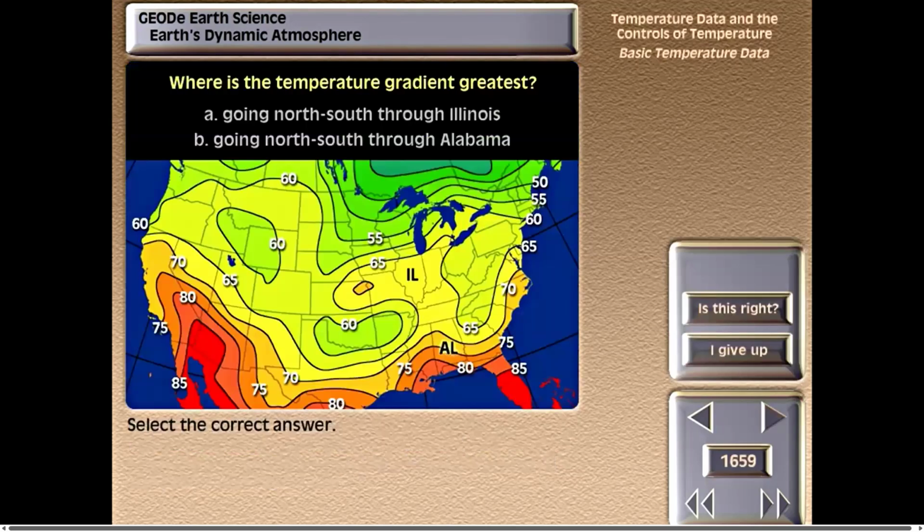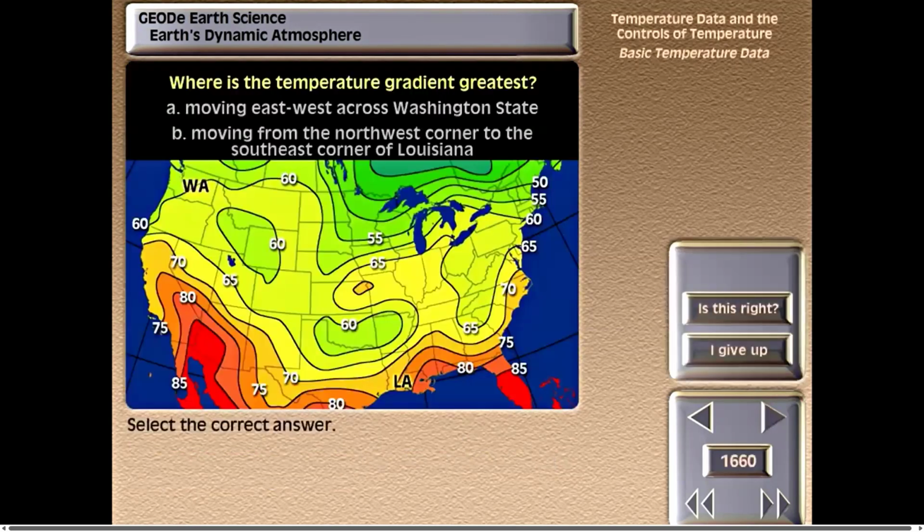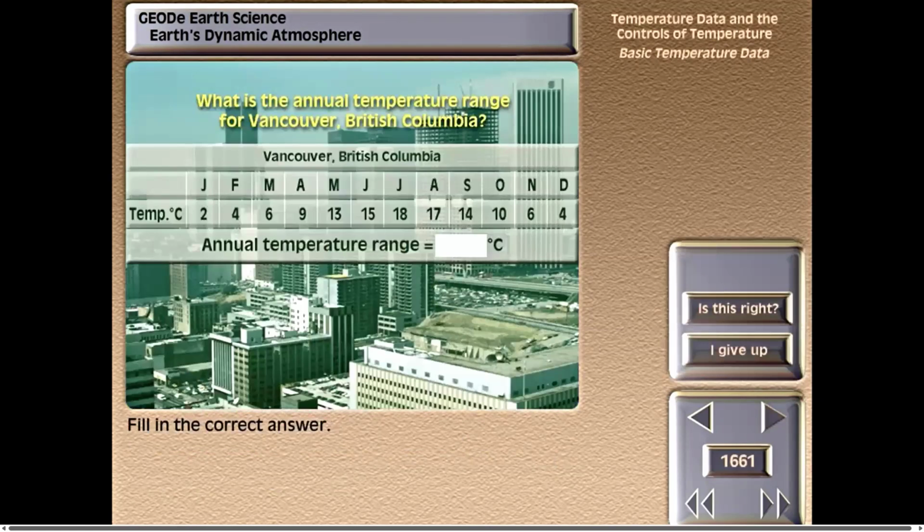Select the correct answer. Where is the temperature gradient greatest? What is the annual temperature range for Vancouver, British Columbia?